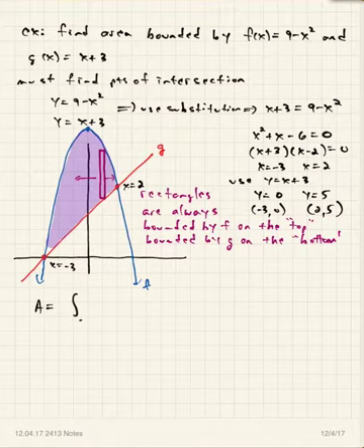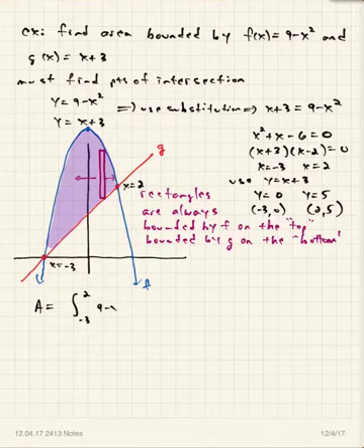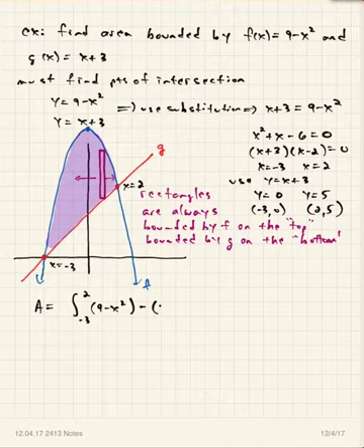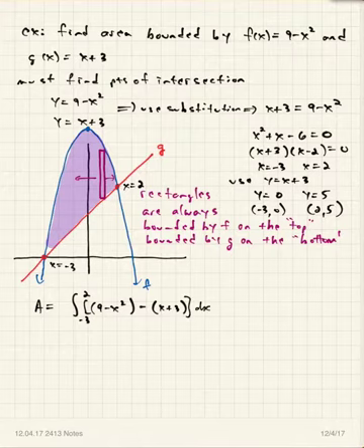So we're integrating from negative 3 to 2, and the upper curve would be 9 minus x squared, put parentheses around that, minus the lower curve, which is going to be x plus 3. Then I'm going to put big old brackets around that whole thing. I think it's a good idea to actually write it out like this, put the parentheses in the right spot, especially since this is subtraction, so you don't make a sign mistake here. And please note that we're just talking about taking the upper curve minus the lower curve like this.